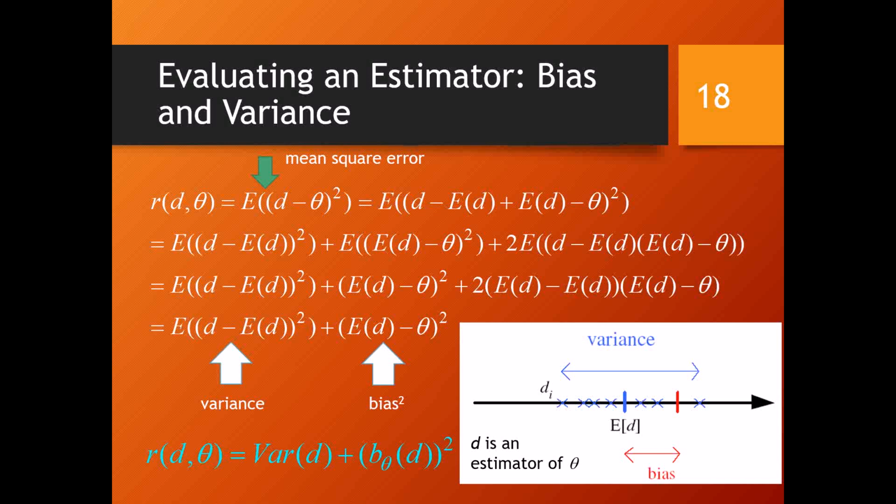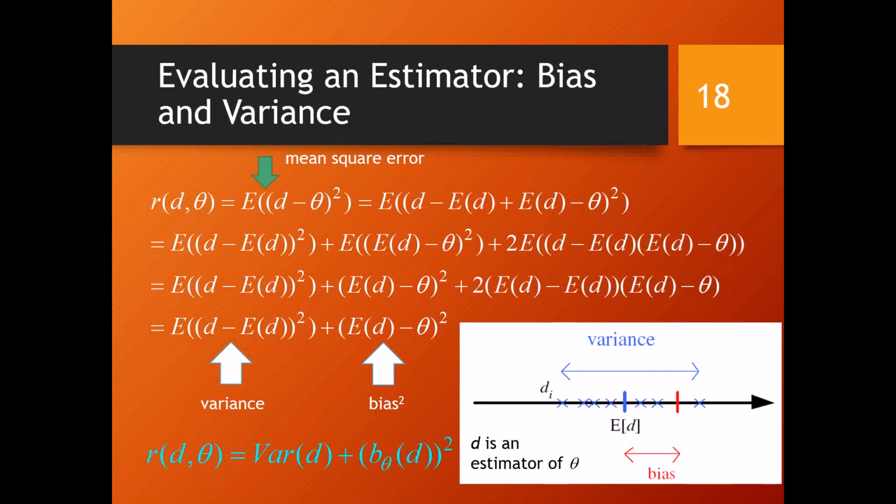This is the bias: the expectation of your estimator minus the original parameter. This is the square of the bias. So always remember that the mean square error is equal to the variance of your estimator plus the square of the bias of the estimator. This is always true.